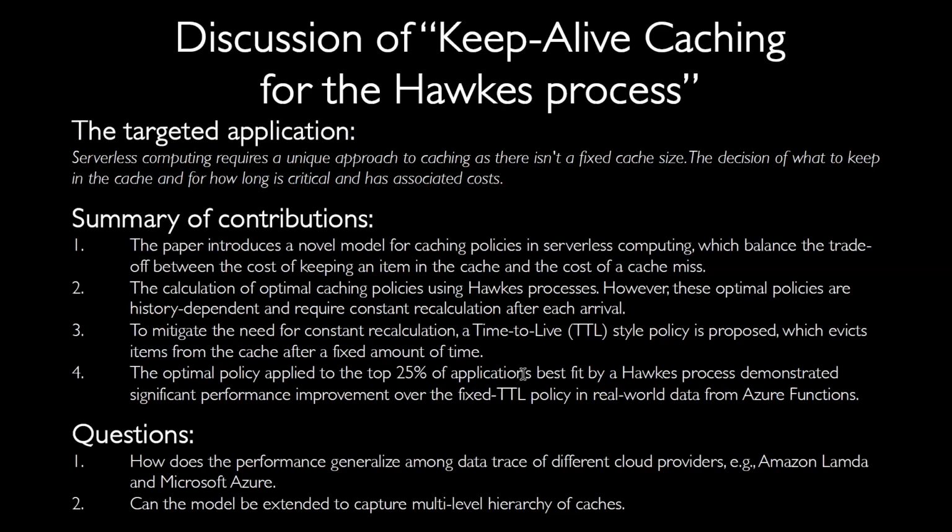So I guess we could generalize the performance to a different cloud provider. But in order to do that, you need to have access to Amazon Lambda's data trace. I don't think Amazon Lambda has released any data trace.